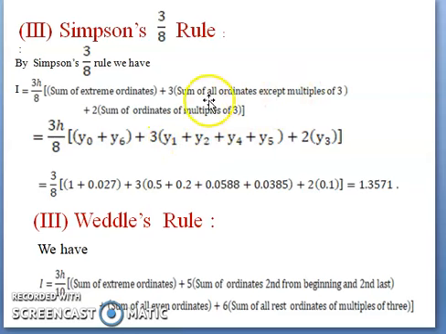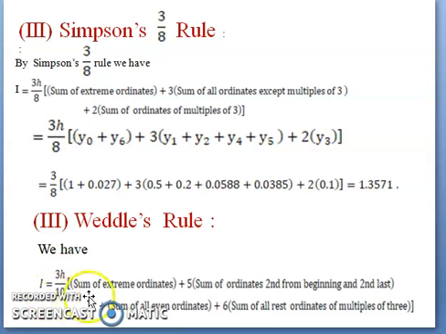So except multiples of 3, the rest are y1, y2, y4, y5, plus 2 times y3. On substituting the values of all ordinates, we get the result 1.3571.